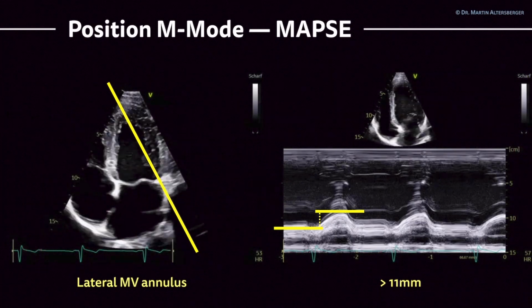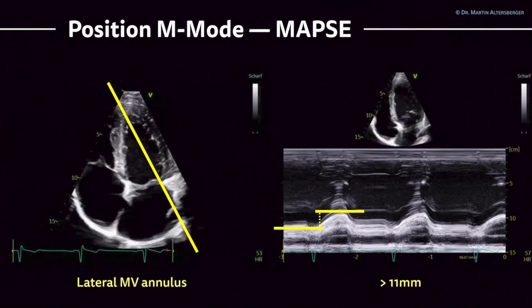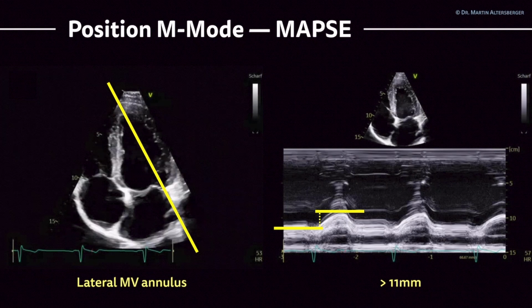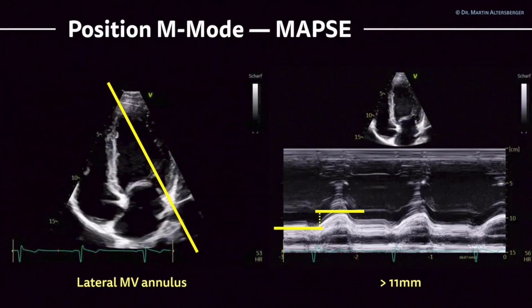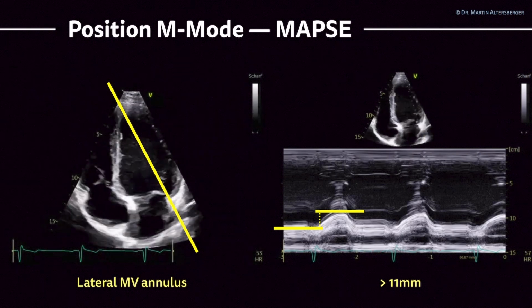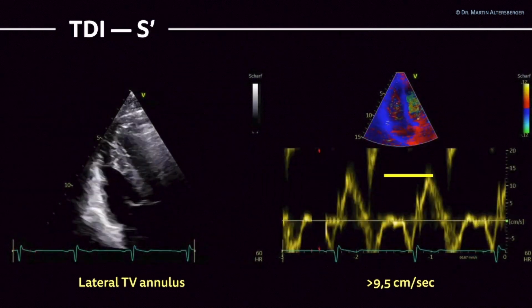For example, in pulmonary embolism, very often the apical and basal segments contract better compared to the mid portions of the ventricle. So if you have a normal TAPSE or MAPSE, it doesn't rule out left or right ventricular dysfunction.